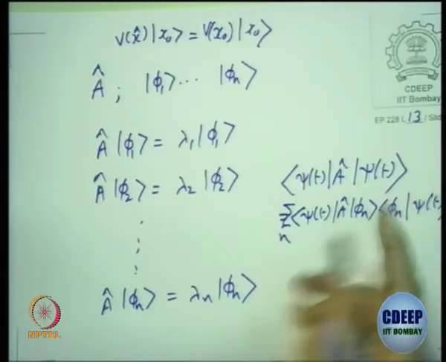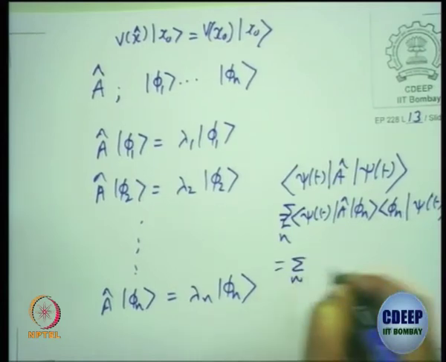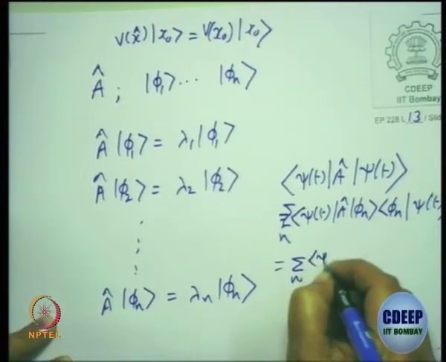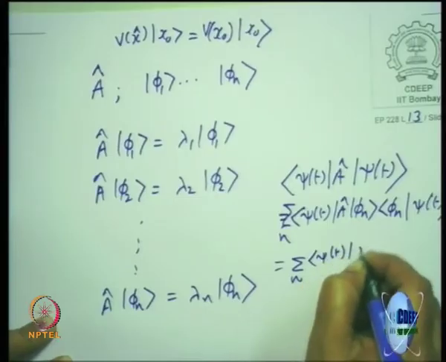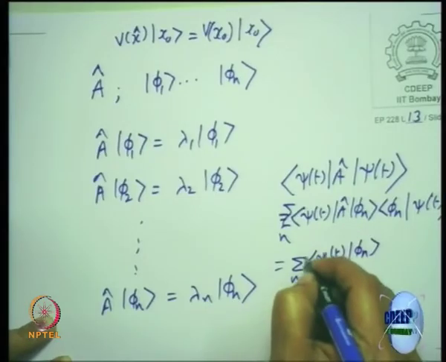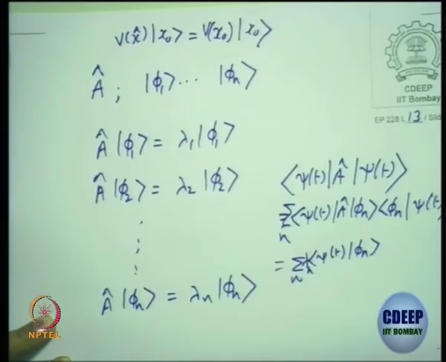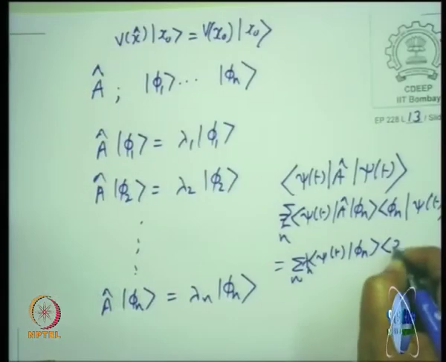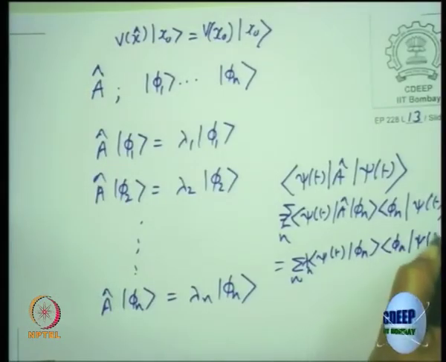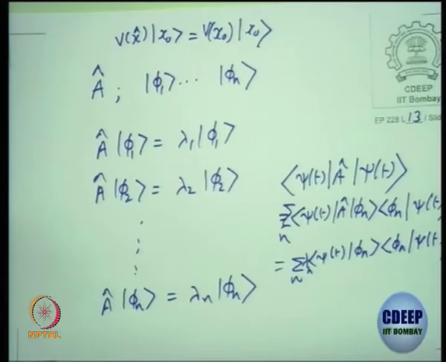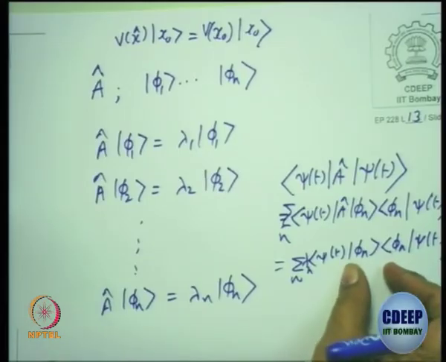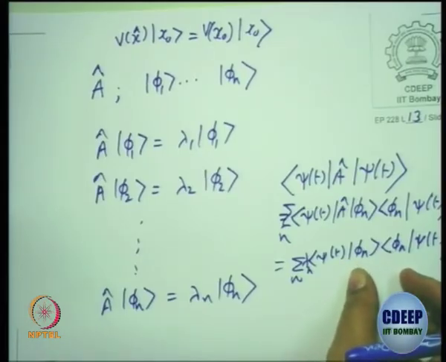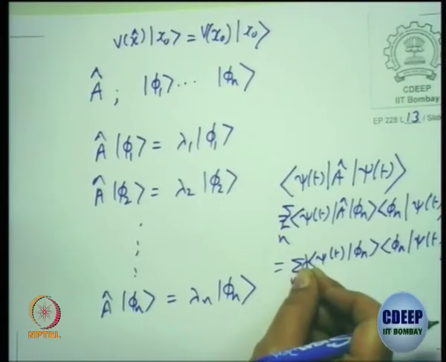Then it simplifies to summation over n, psi of t, phi n, and you can put a lambda n out. A on phi n is lambda n, and then you will have phi n psi of t. Now, can we remove this summation over n of phi n phi n as identity? Not possible. Why? Because there is a lambda n eigenvalue.